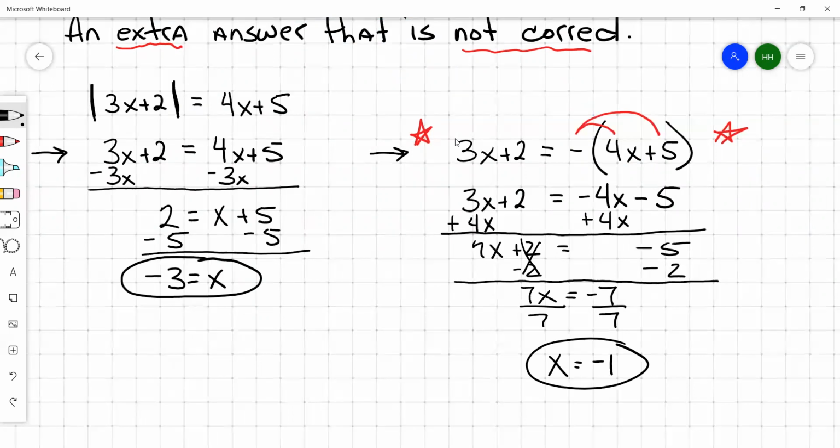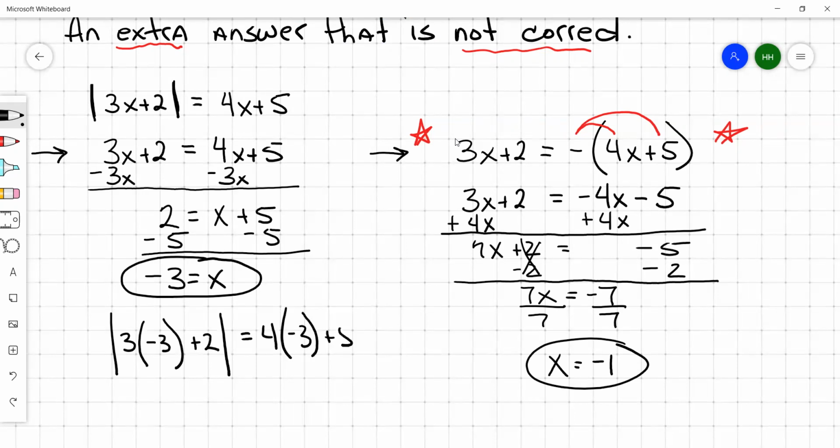Now, both of these solutions need to be checked. You check them by substituting them both back into the original equation. So we take the original equation, absolute value of 3 times x plus 2. Where there's an x, we substitute negative 3. Is that equal to 4 times negative 3 plus 5?